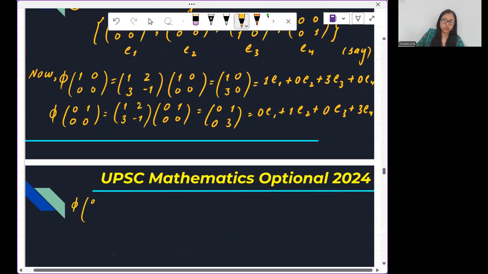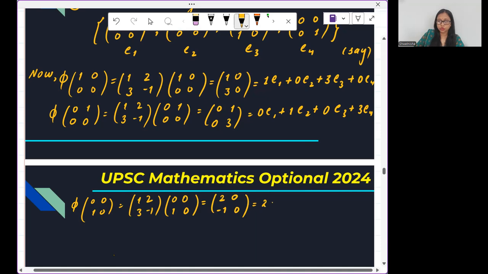Phi of 0, 0, 1, 0 is 1, 2, 3 minus 1 times 0, 0, 1, 0, which gives me 2, 0, minus 1, 0. So it gives us 2E1 plus 0 E2 minus E3 plus 0 E4.